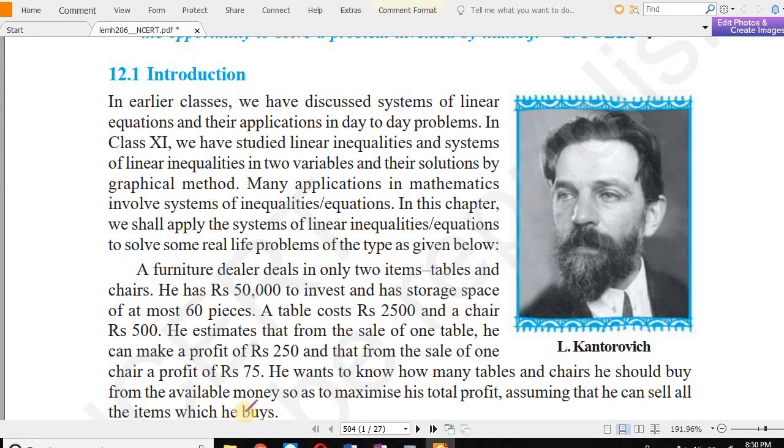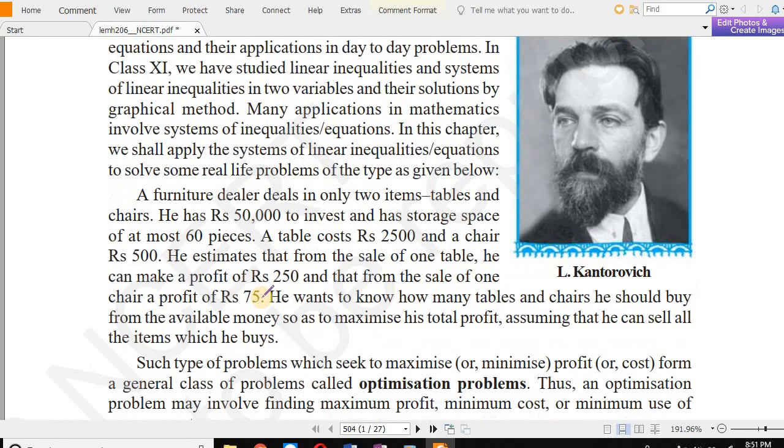All right? So he has limitation in how much furniture he can store. He's got two different types of furniture with two different profits and two different costs. So I should say he has limitations both in his storage space and in his investment. Okay, so you have both limitations and benefits.